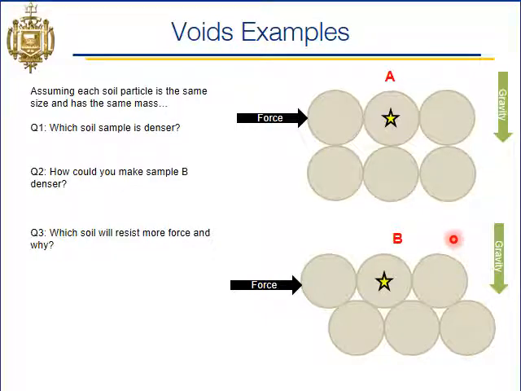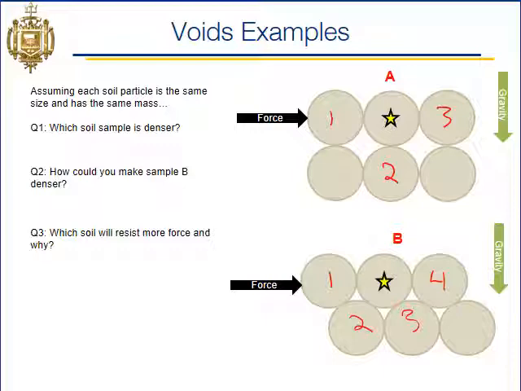All right, so let's focus on firstly the starred particles, right? So in A, the starred particle, how many other soil particles is it touching? So it's touching 1, 2, 3. In B, looking at our starred particle, then it's now touching 1, 2, 3, 4 particles. Now, granted, this is two-dimensional, so it's not exactly 3 and 4 if you go into three-dimensional space, but for the cross-section, this is good enough.